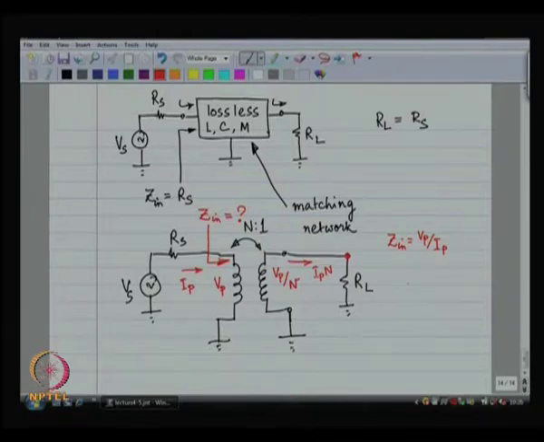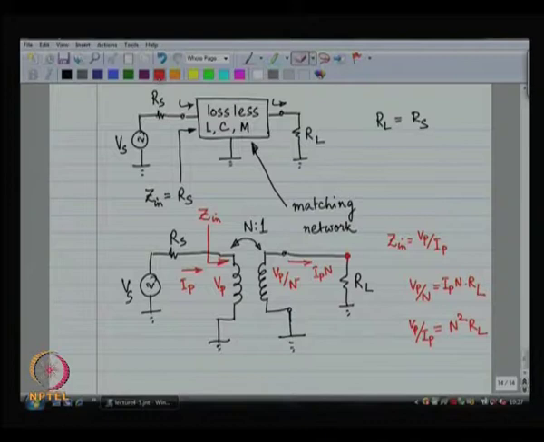At the load, V primary by N is equal to I primary times N times R L. So, therefore, V primary by I primary is N squared times R L. So, therefore, Z in is equal to N squared times R L. And what you can do is choose N to be equal to the square root of R s by R L.